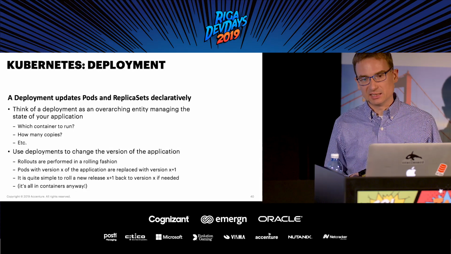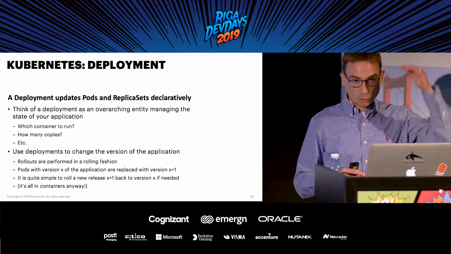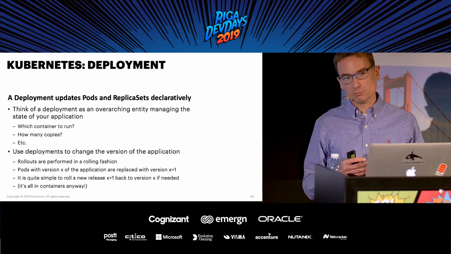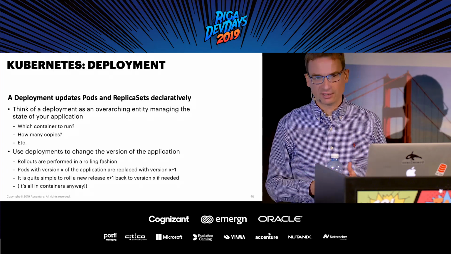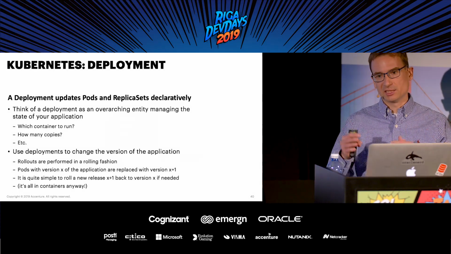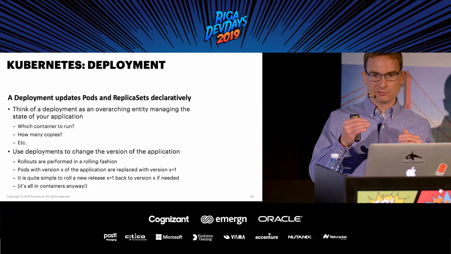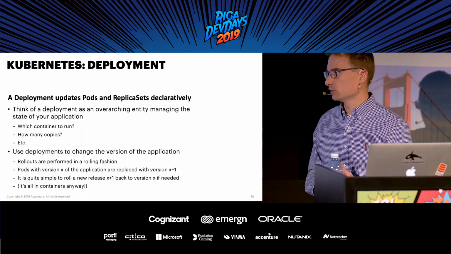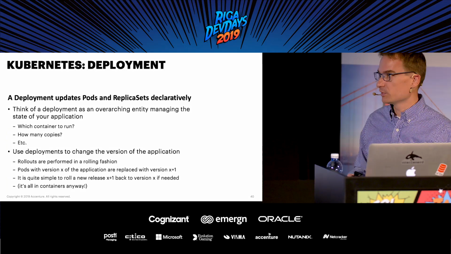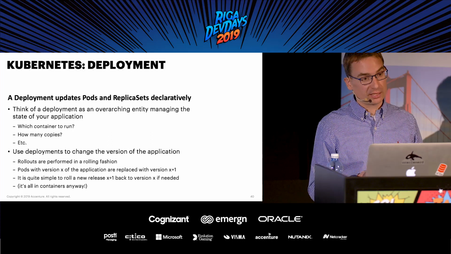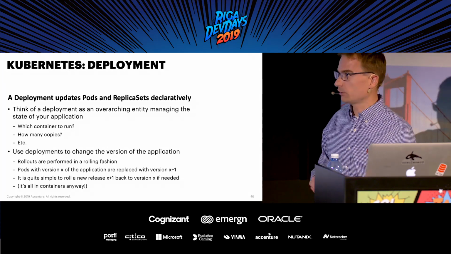The idea is that you don't take all the pods of version 1 down and then start all the pods for version 2. That would mean an outage, and we don't really like outages. So it takes a few down, starts a few more, takes a few more down, starts a few more up, and so on. So this is totally rolling, and there shouldn't really be any impact to service availability, which is also very cool.